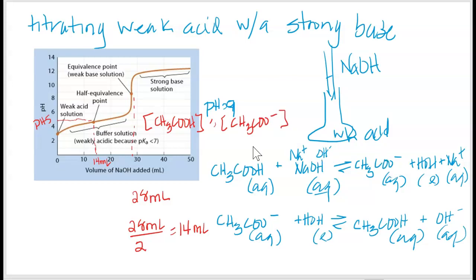We will learn later that the pH at the half equivalence point equals the pKa. So this means that pKa also equals 5. This would allow us to find the pKa of the acid.